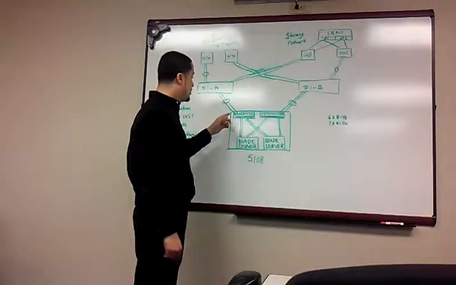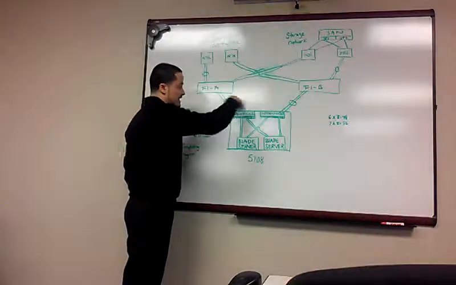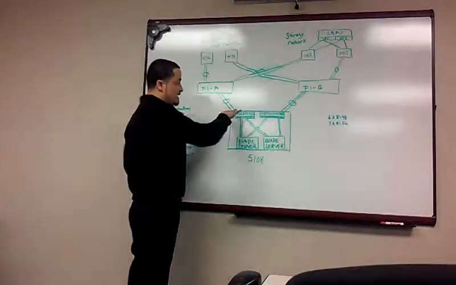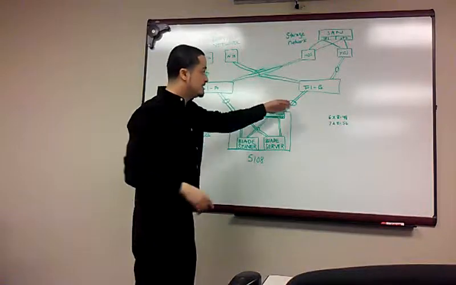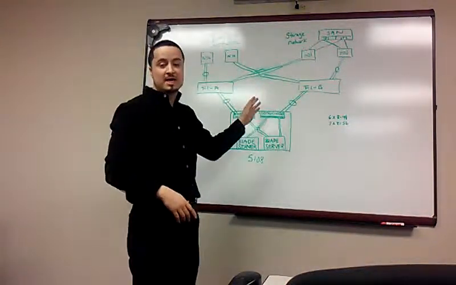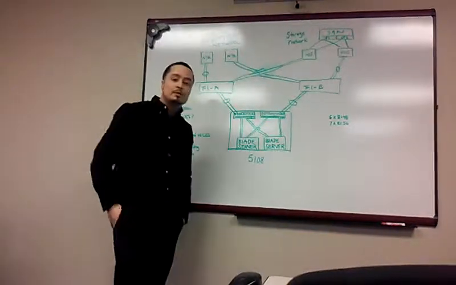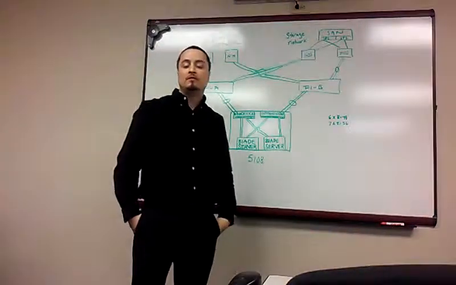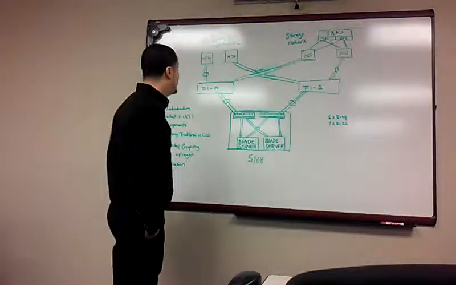In the diagram here, I've only uplinked 2 to each of the fabric interconnects, but you can have up to 8, which gives you a total capacity of 80 gigs, with a combined capacity of 160 gigs of data throughput, which is an incredible amount of speed and overall bandwidth.